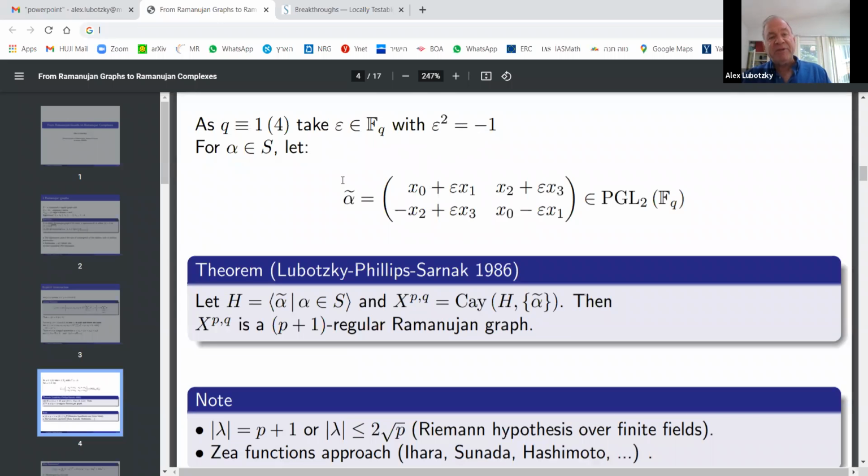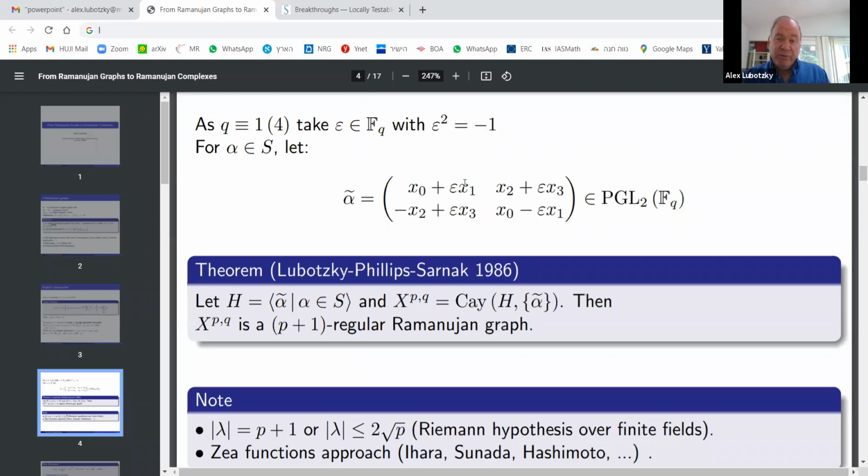When you split the quaternion algebra over F_Q, for every alpha in S, we associate the following matrix: x0 plus epsilon x1, x2 plus epsilon x3, minus x2 plus epsilon x3, x0 minus epsilon x1.